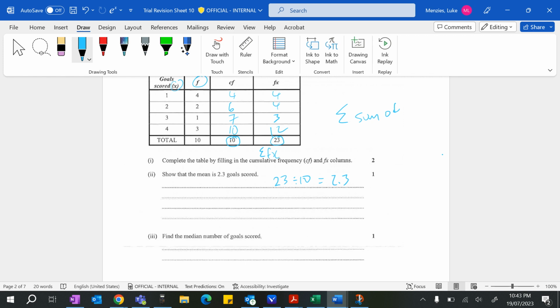Okay, so 1, 2, 3, 4, 5, 6, 7, 8, 9, and 10. If you take out 5, you've got 4 on the left and 1, 2, 3, 4, 5 on the right. So it's not that. When you have an even number of scores, you need to take the middle two.